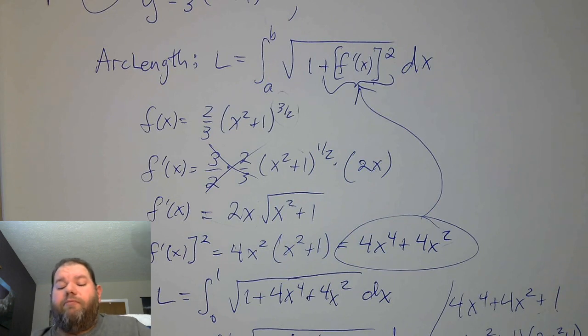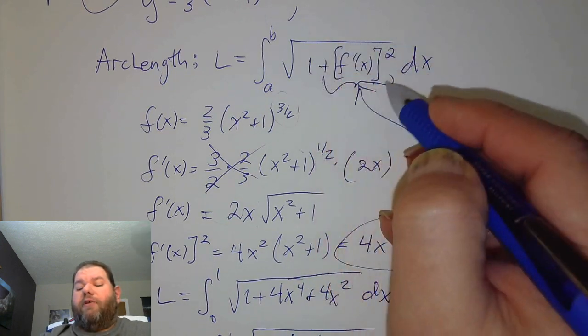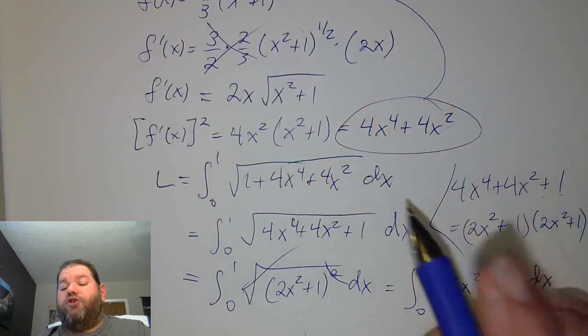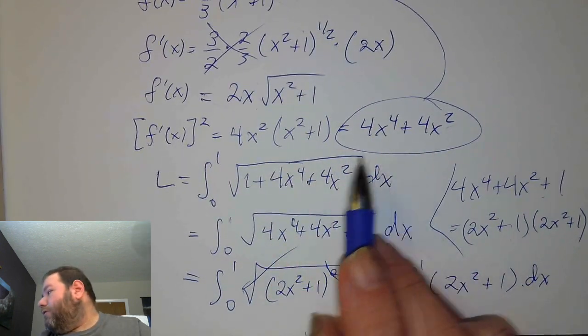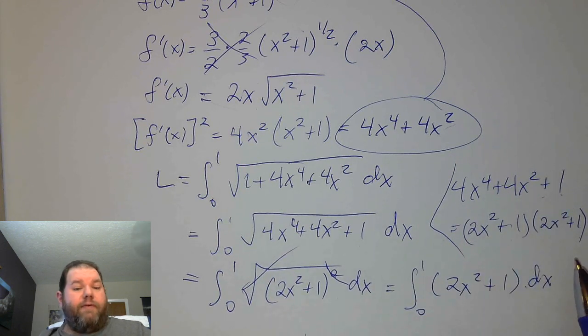Ultimately, in every one of these arc length problems, there should be some way we can take whatever expression is under the radical and write it as a perfect square. Whether it's just rearranging the terms like we did here, and then setting up a factorization, that's pretty straightforward. We'll see a different approach on number 13, so I'll hesitate to explain that just yet.